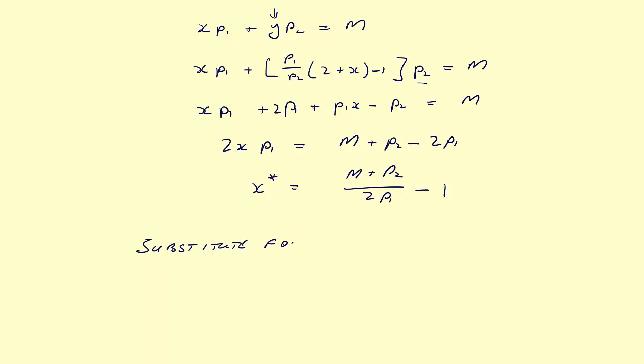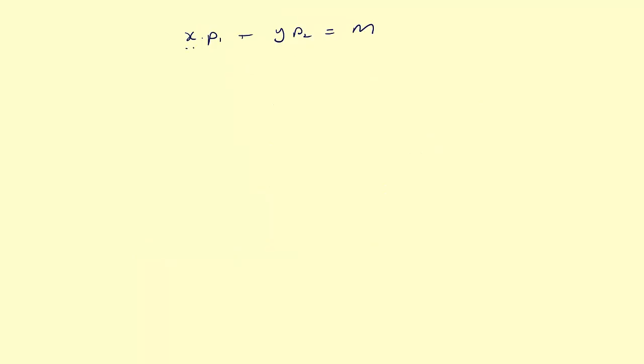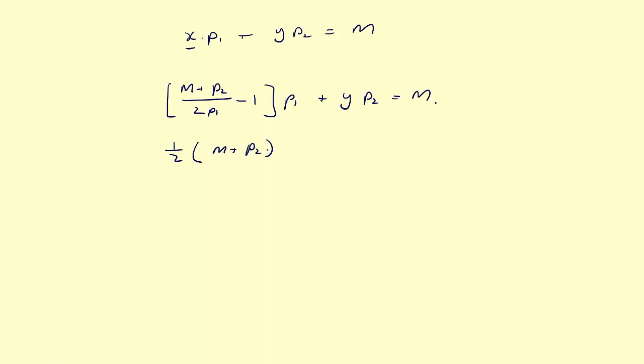We can substitute for x in 3. So substituting in there for x, we'll have m plus p2 on 2p1 minus 1, times p1, plus y p2 is equal to m. Well, that's 1/2 m plus p2, minus p1, plus y p2 equals m.